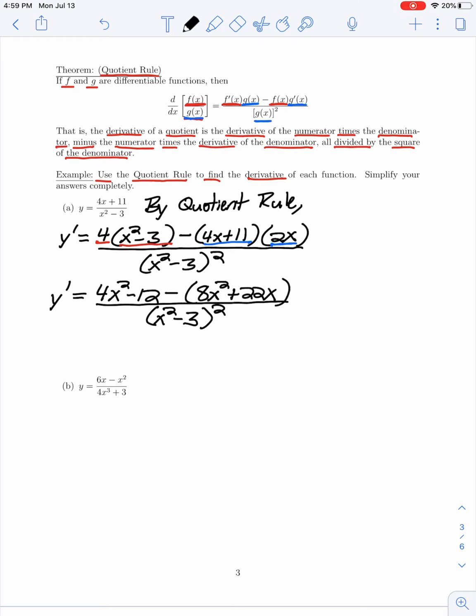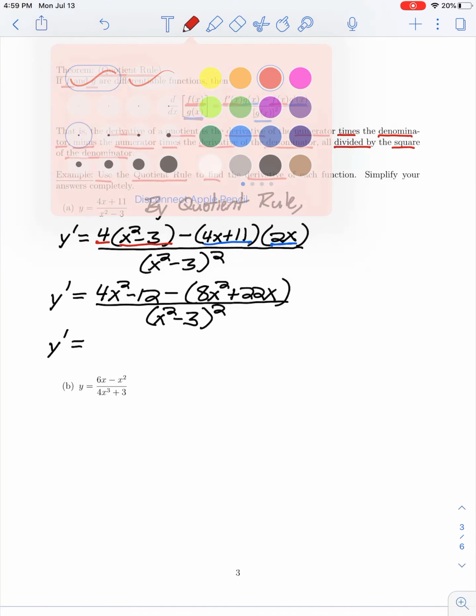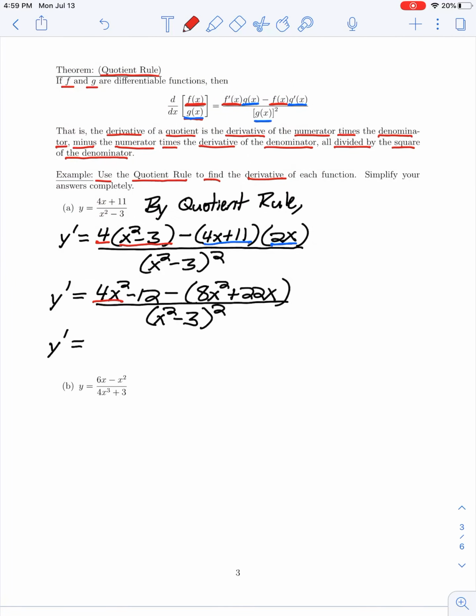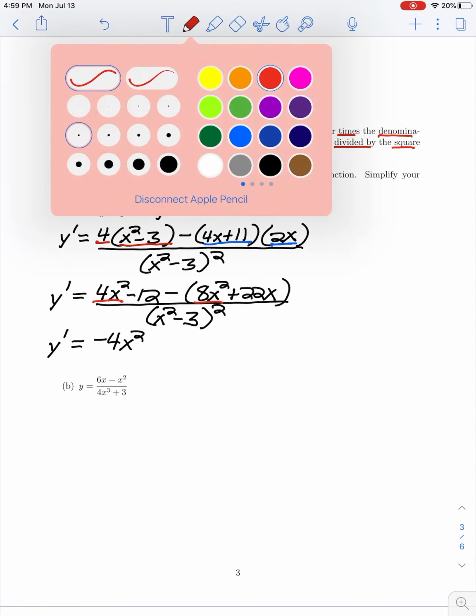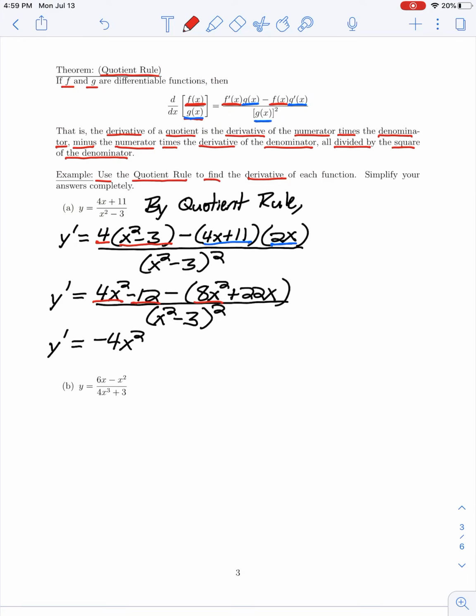So now grouping like terms in the numerator, we have y prime is equal to, well, we had a 4x squared, and then I'm subtracting 8x squared. So that leaves me a negative 4x squared. Then we had a minus 12 and a minus 22x.